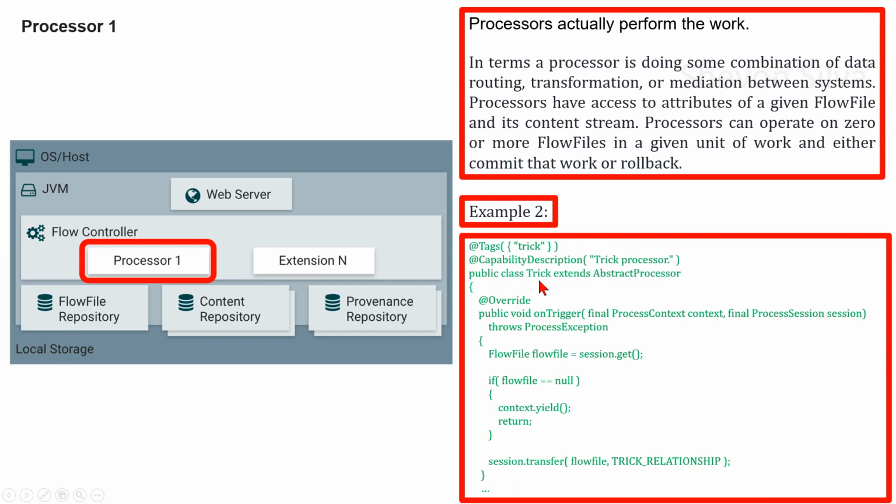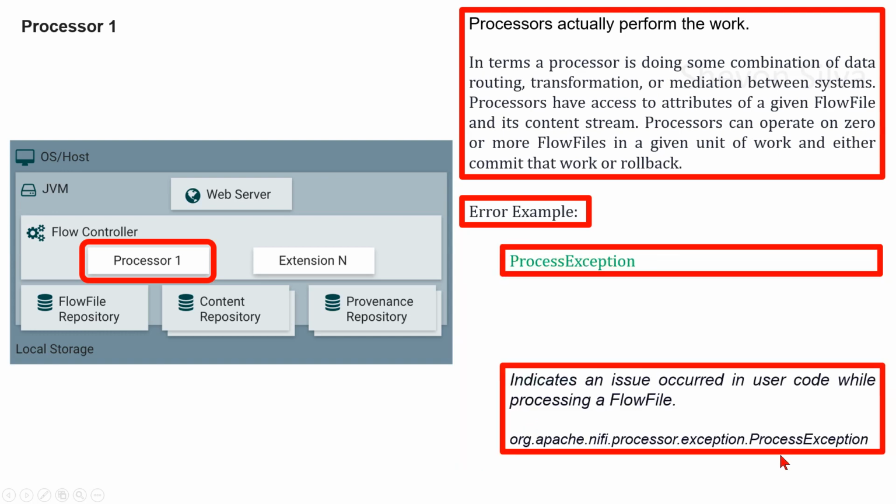Here you can see this class is extending abstract processor and it's overriding the onTrigger method. As an exception example, we can consider this one, process exception. It indicates that an issue occurred in user code while processing a flow file.